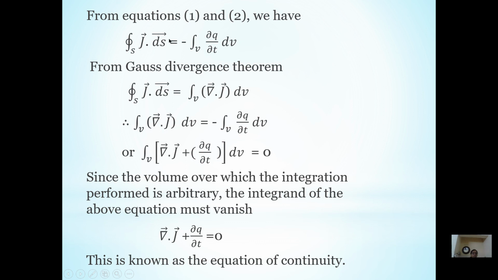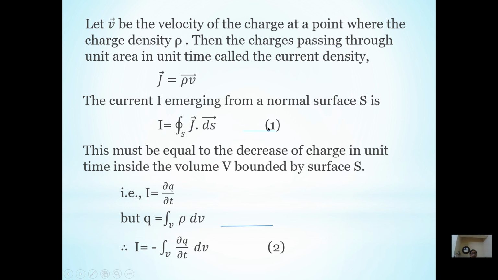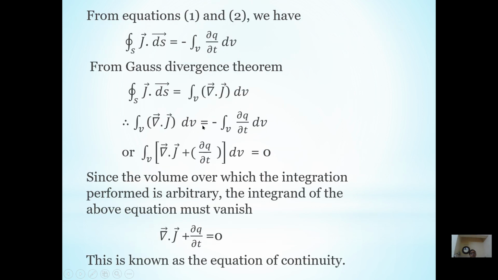From equations 1 and 2: what is equation 1? That is the equation related to current I. What is equation 2? That is also an equation related to current. Hence these two equations represent the same thing, current, and hence they should be equal. That's what we are writing here. From equations 1 and 2, we have the surface integral of J dS equal to minus the volume integral of delta Q by delta T into dV.